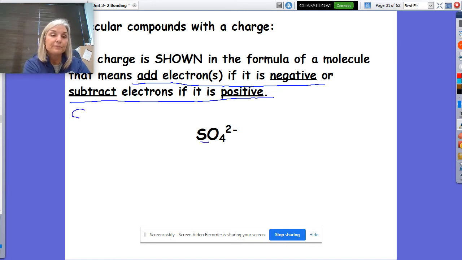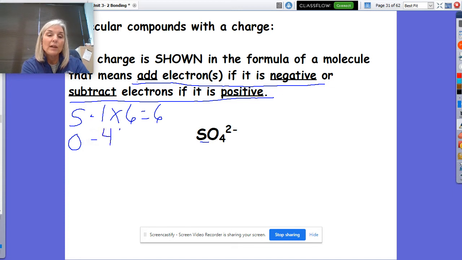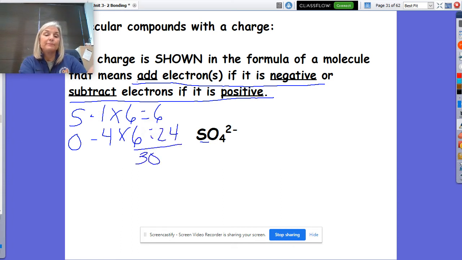Sulfur, there's 1 sulfur, and it's in group 16, so it has 6 valence electrons, and that gives me 6. Oxygen, as you can see, the subscript there is 4. Oxygen is in group 16, so it has 6 valence, and that's a total of 24, which gives us 30.